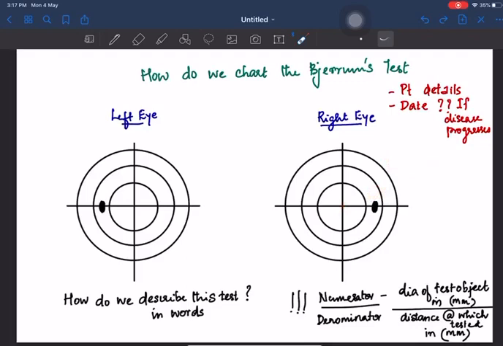Now, how do we identify which field belongs to which eye? For example, imagine you are the patient and I am going to test your right eye. Your optic nerve head is located nasal to the fovea.